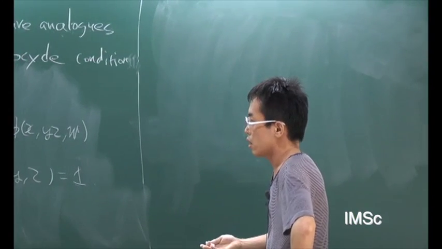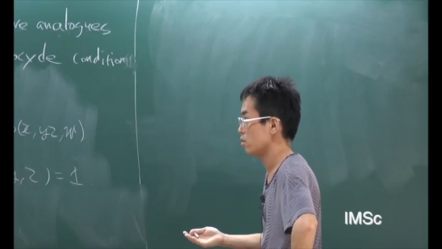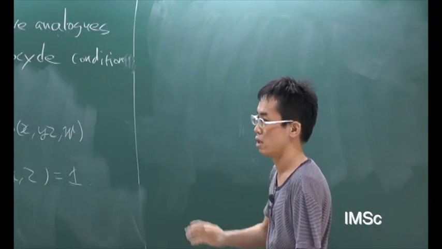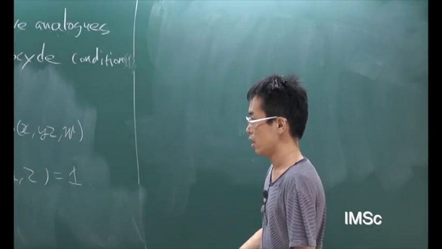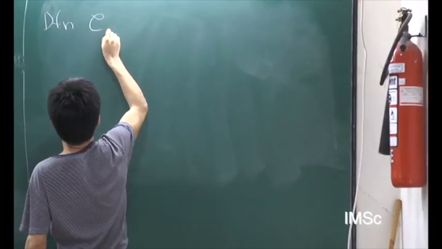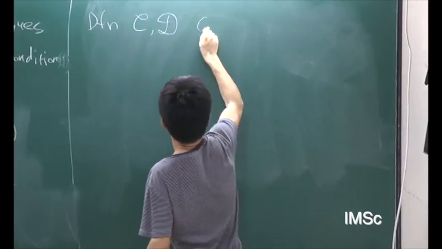Then of course, another fundamental notion is the notion of functor. When you have these categories, you want to compare them, for example, against the category of Hilbert spaces. So let's say you have two C-star tensor categories in this way.